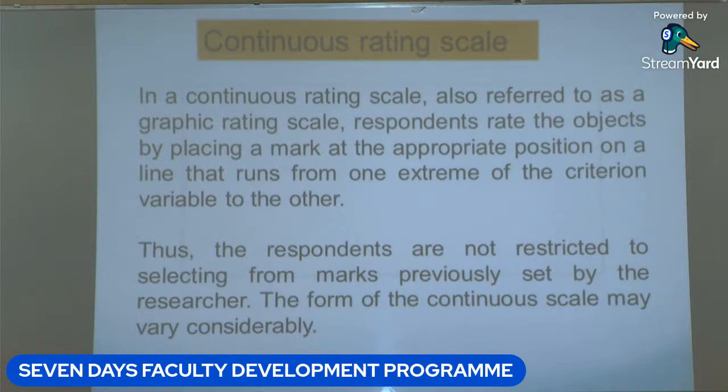So here we have only two aspects of that scale. One is on the left hand side, the other one is on the right hand side. So that criterion divides that aspect or the construct into two extremes. Then the scale runs from one extreme to another extreme, and the respondents are not restricted to selecting from marks previously set by the researchers.